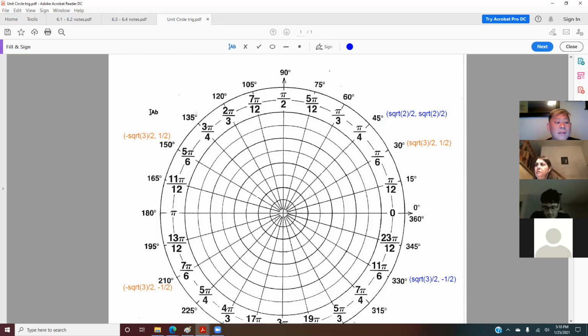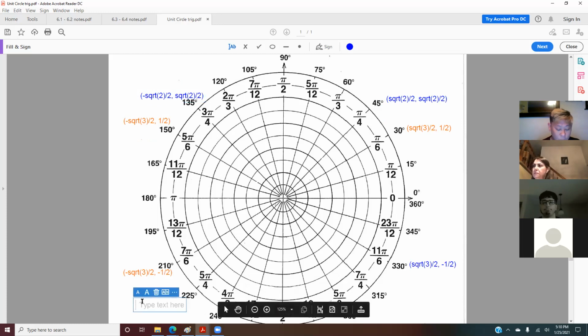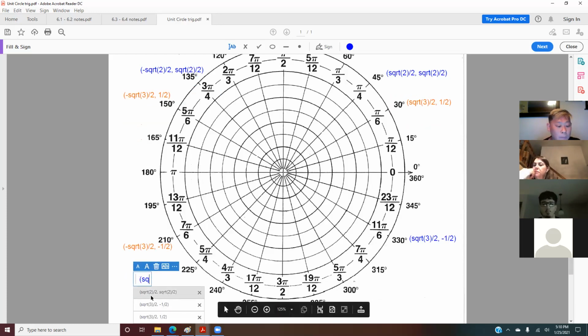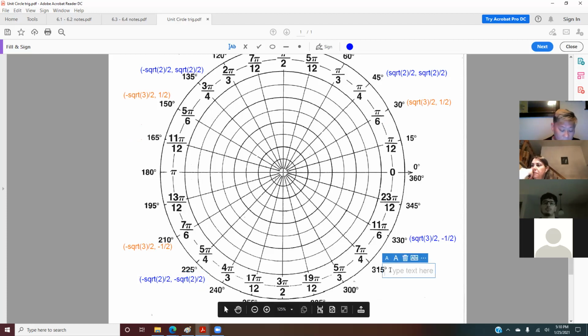This is exactly the same as that one, but you put a negative on the x value because in quadrant 2 this is negative. This is also the same, square root of 2 over 2, but both of these will be negative because in quadrant 3 both values are negative, and this one is also the same, but the y value is negative.